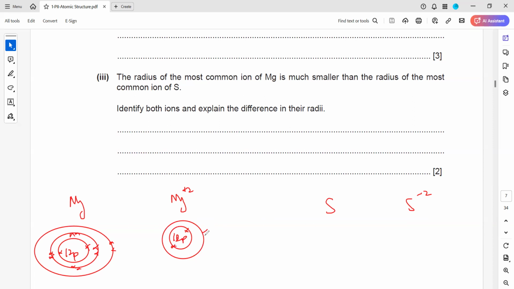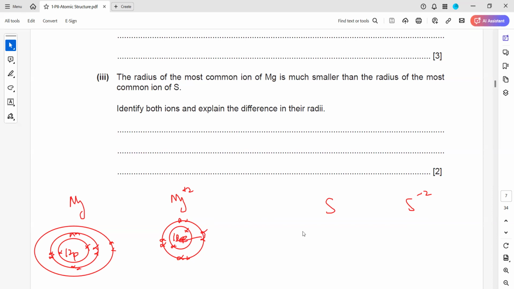Another thing is the shell also: before, the 12 protons were attracting the electrons from the third shell, but now the 12 protons are attracting the electrons from the second shell. So the number of shells also decreases and there are more protons than electrons. As a result, the size of the magnesium ion will be smaller.